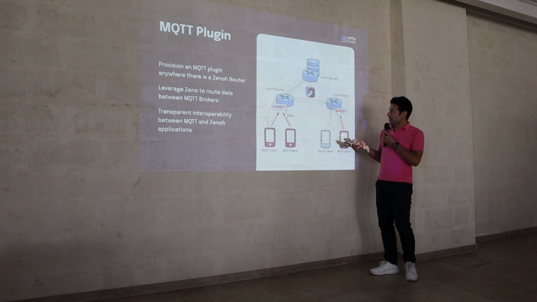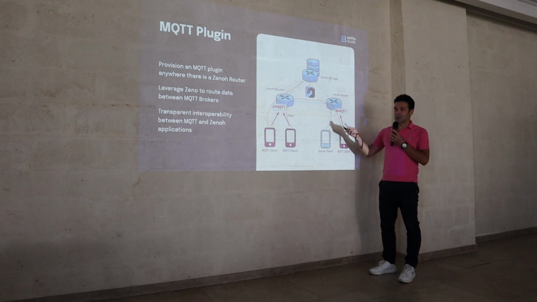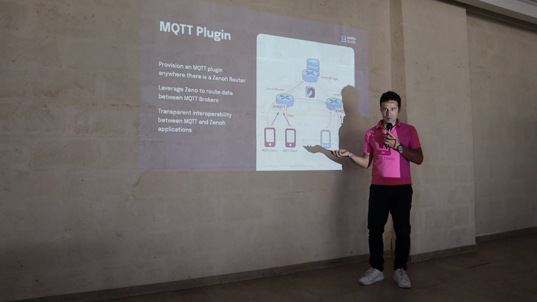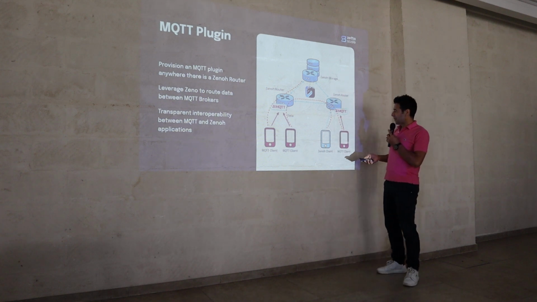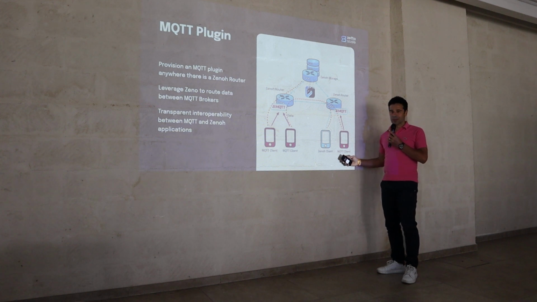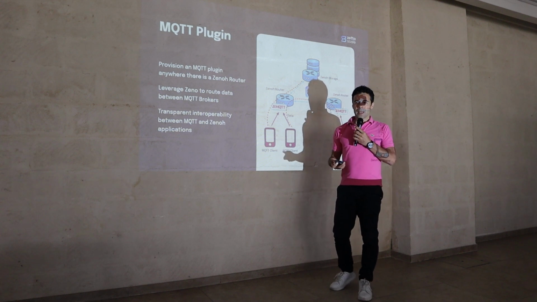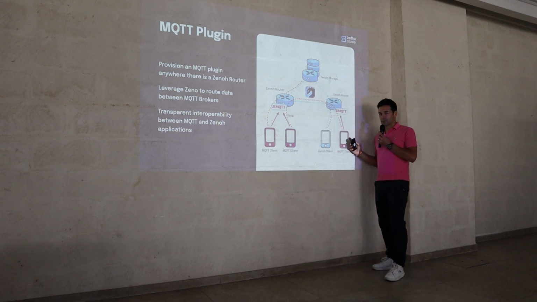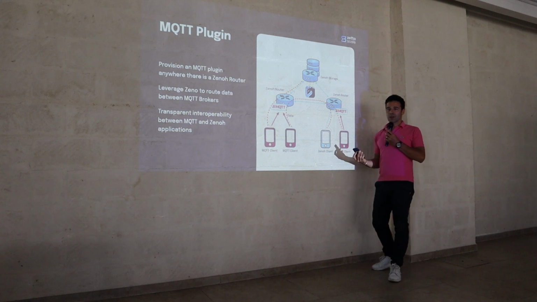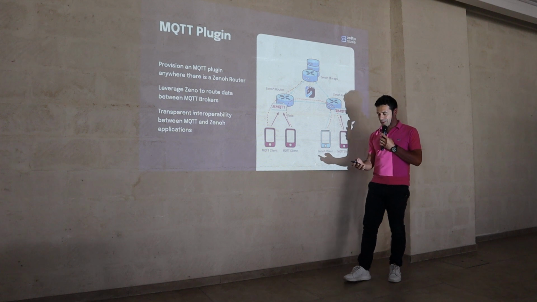But if that wasn't already sufficiently good, now the entire Zenoh ecosystem can be leveraged from this. So all of a sudden you can store MQTT data in Zenoh storages, for instance, right? You can have interoperability between pure Zenoh applications like this one and MQTT applications, which means that if you have legacy using MQTT and you have a scalability problem, you can already solve it this way. And then if you want to fully leverage Zenoh, you can start writing bits and pieces of your application in Zenoh because you have interoperability.